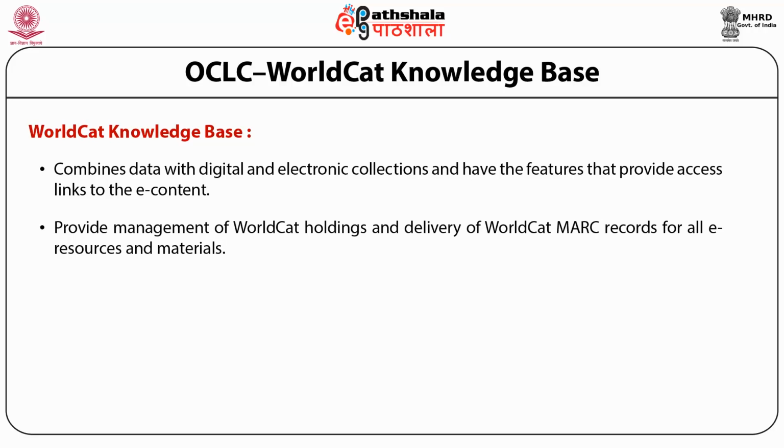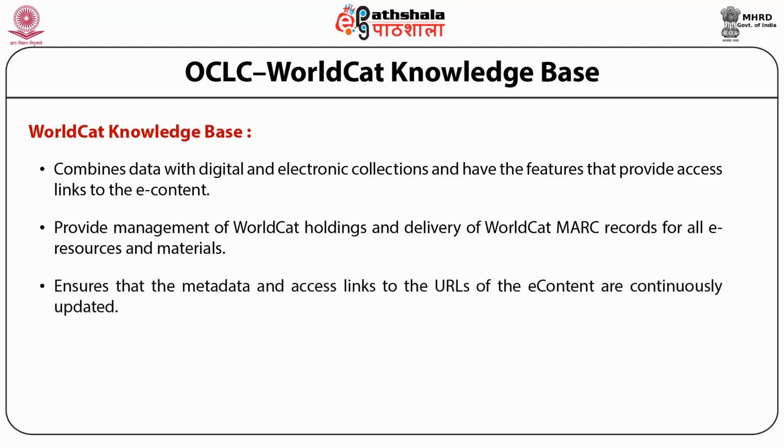You all know MARC record is a machine readable catalog developed by the Library of Congress. It also ensures that metadata and access links to the URLs of the e-content are continuously updated in WorldCat.